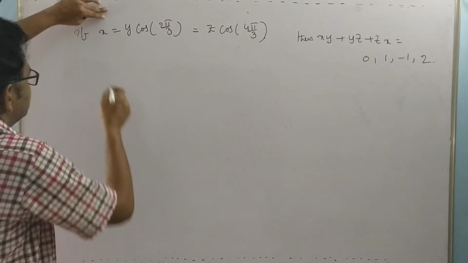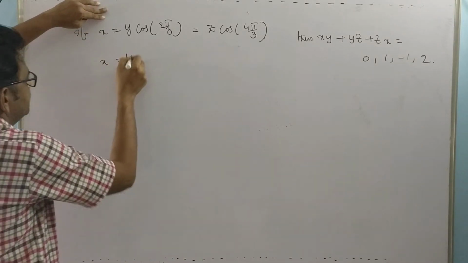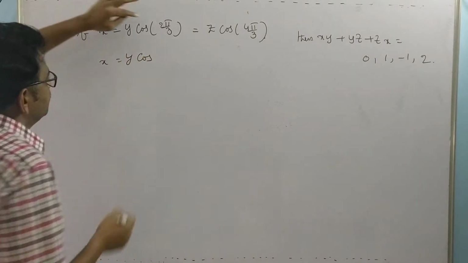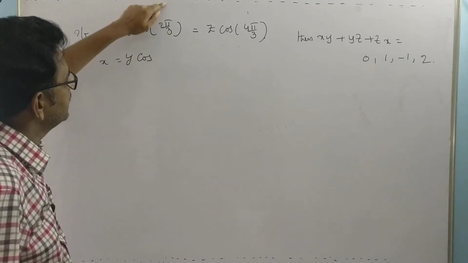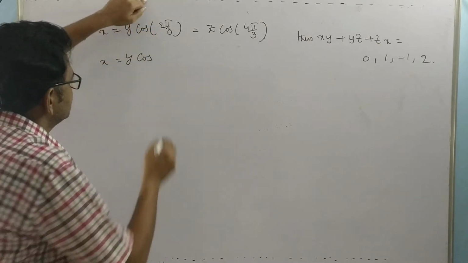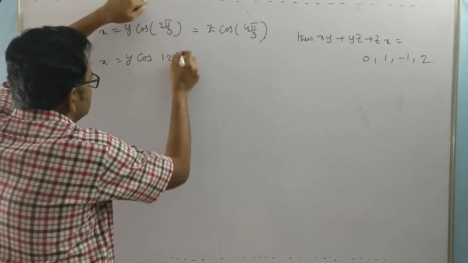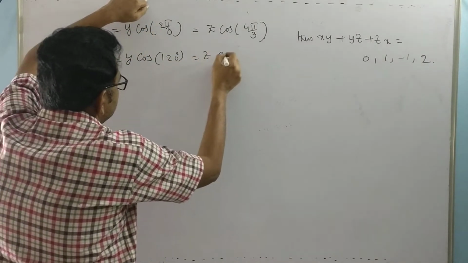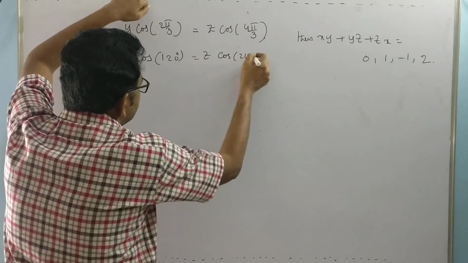Now x is equal to y into cos of 2 pi by 3. Pi by 3 means pi by 180 by 3, 60 degrees, into 2, so this is 120 degrees. Z into cos of this is 240 degrees.